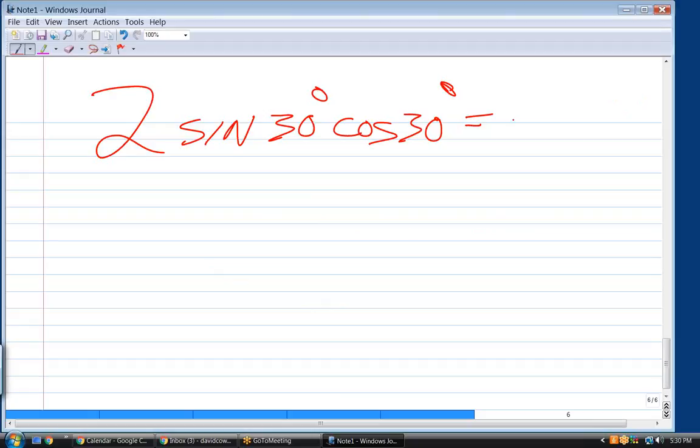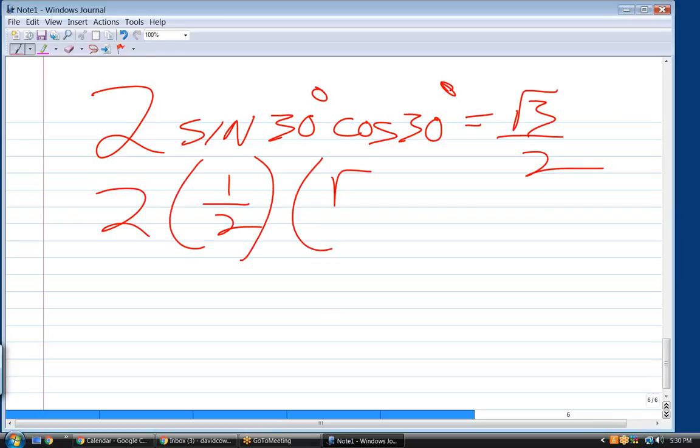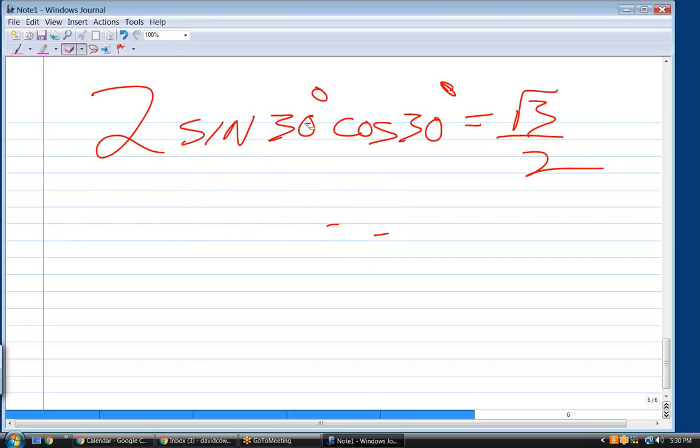Rather than solving each one of those, I could do that times 1/2 times root 3 over 2 and come up with the answer, but they may just stick variables in there and not angles and make you do it. So it's useful to be able to go both directions on these identities.